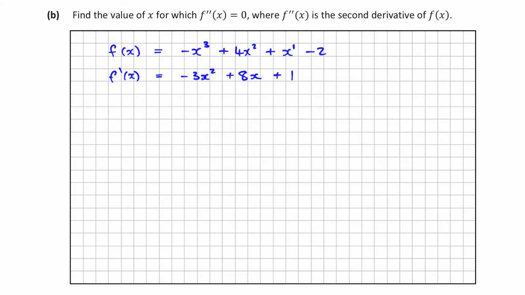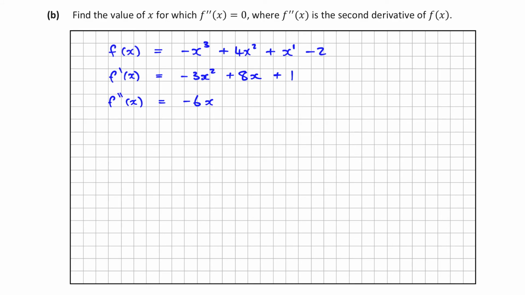If I want the second derivative, I have to differentiate it again. So the 2 comes down in front, and 2 times negative 3 is negative 6. The x is still x, and it was to the power of 2. I need to reduce that power by 1, so it'll just be to the power of 1, but again, I tend not to put in that 1.